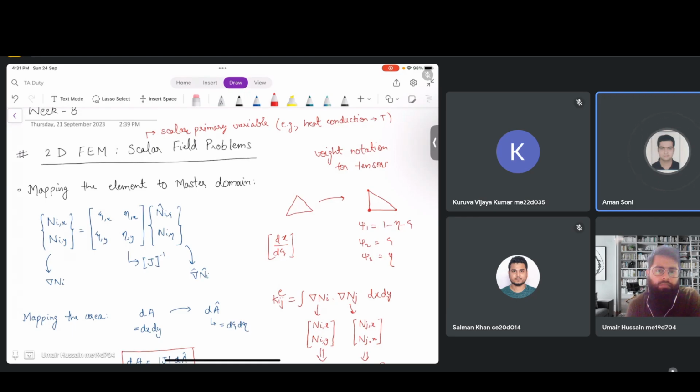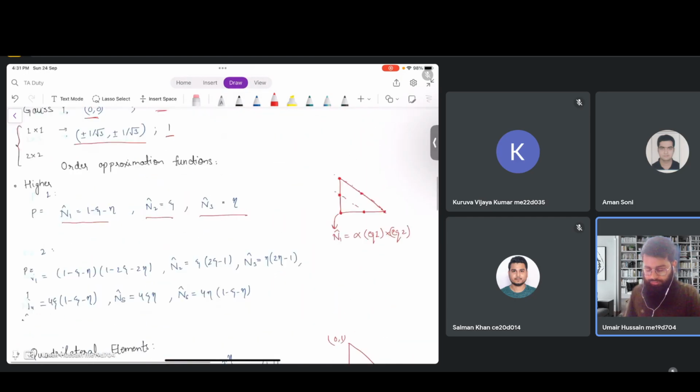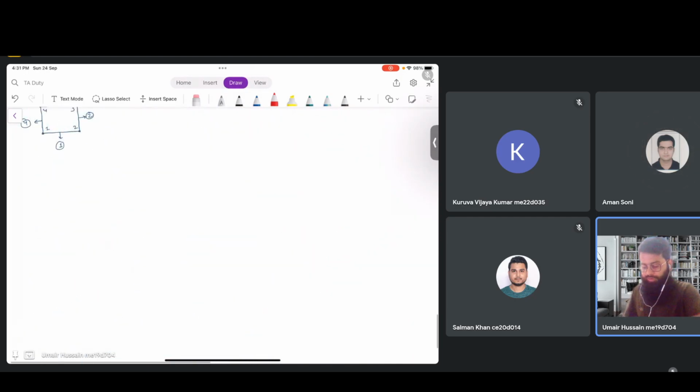But if it is suitable, we can discuss it in the upcoming week also. Sure, I'll try if it's possible. If we have a doubt, we should try to get over it as soon as possible.